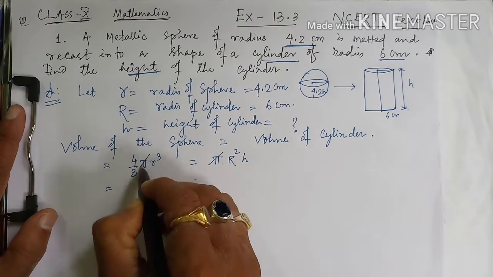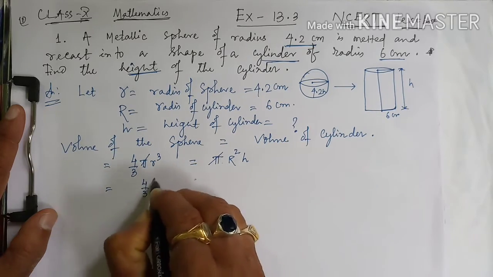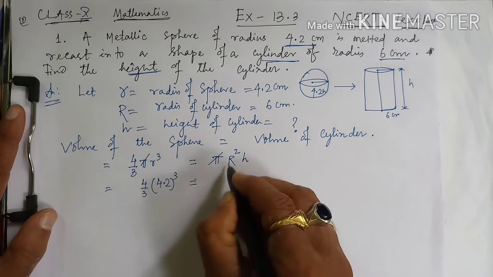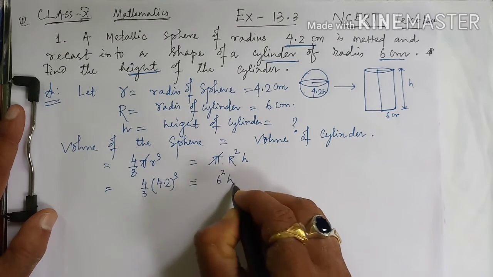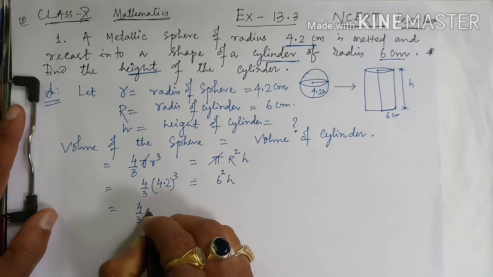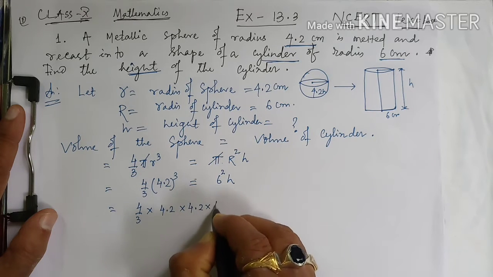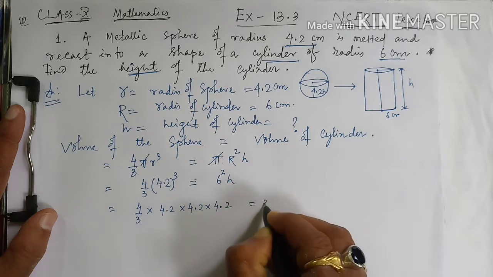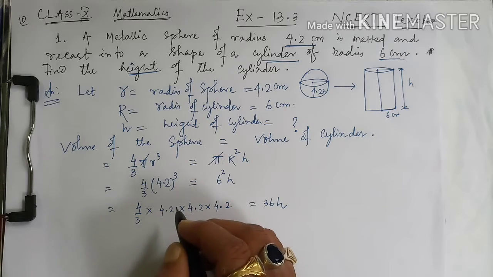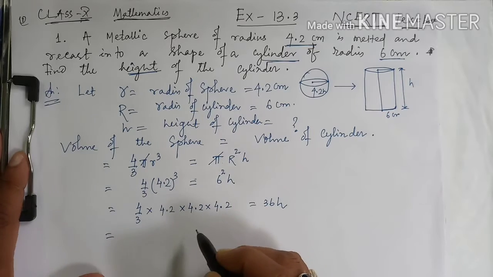Now cancel pi on both sides. Now 4 by 3 r cube means 4.2 cube, equal to R square means 6 square h, so 4 by 3 into 4.2 into 4.2 into 4.2 equals 36 h. Now cancel this term and solve the expression.